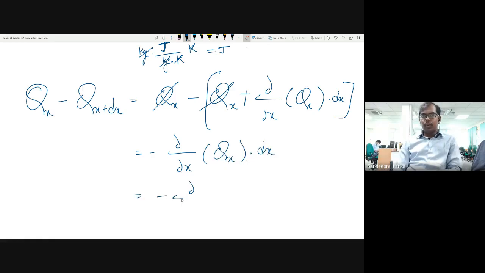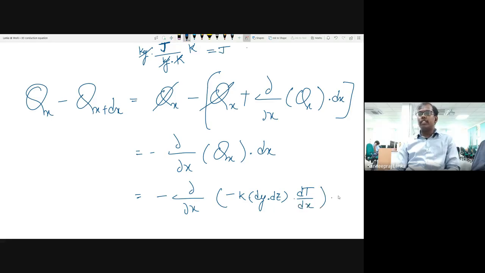Also you know that dou by dou x of qx is nothing but minus k into, it's not dx, it is dy into dz, the area perpendicular to the direction of heat transfer, into dt by dx into dx. This is what you will have.